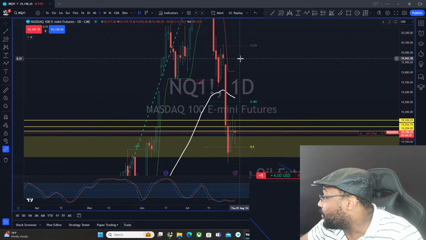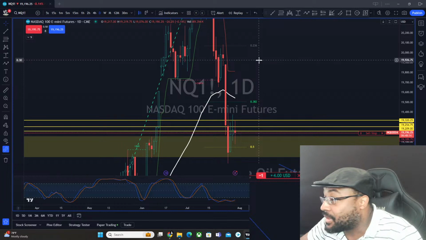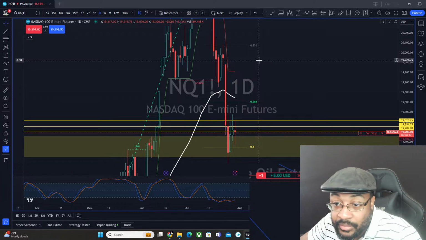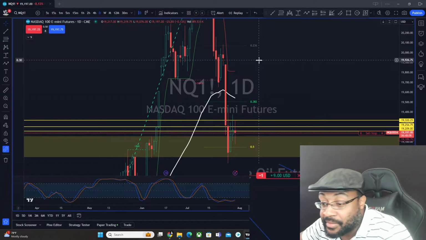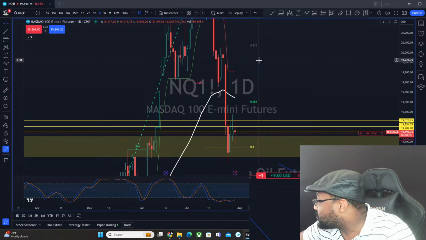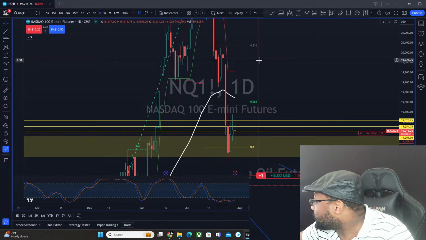But do we go all the way to 20,000 again? That could be the last hoorah, or the last rally. Like, they just power right on up and then dump. So that could be the target that they're looking for.